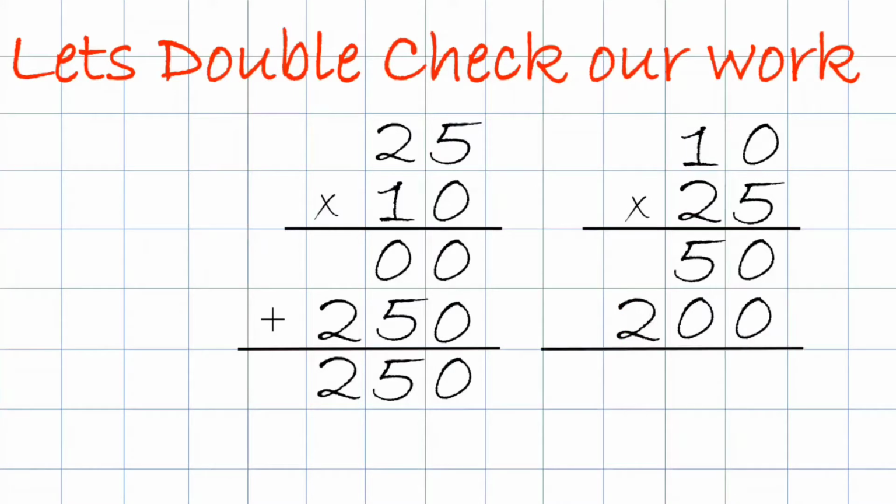We then add them up, and we always start with the right column. 0 plus 0 equals 0. 5 plus 0 equals 5. 0 or nothing plus 2 will equal 2. The answer is 250, so they do match.